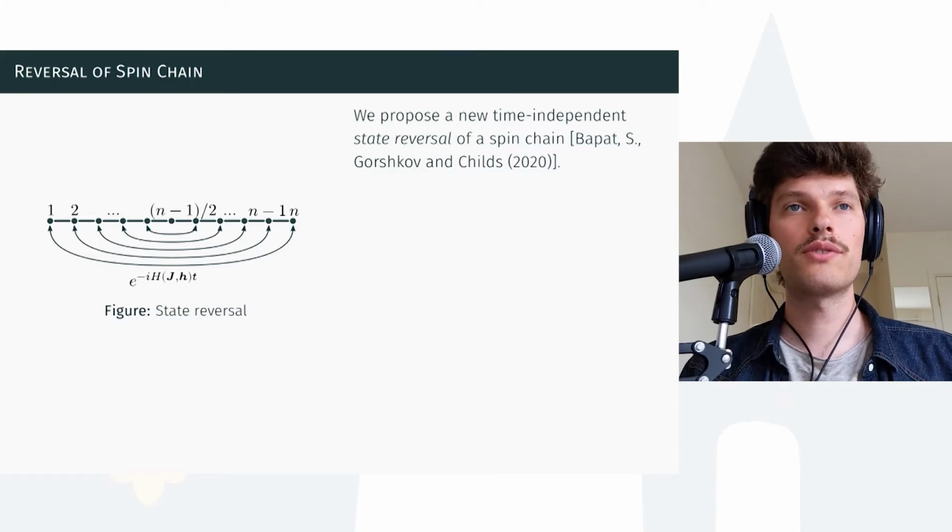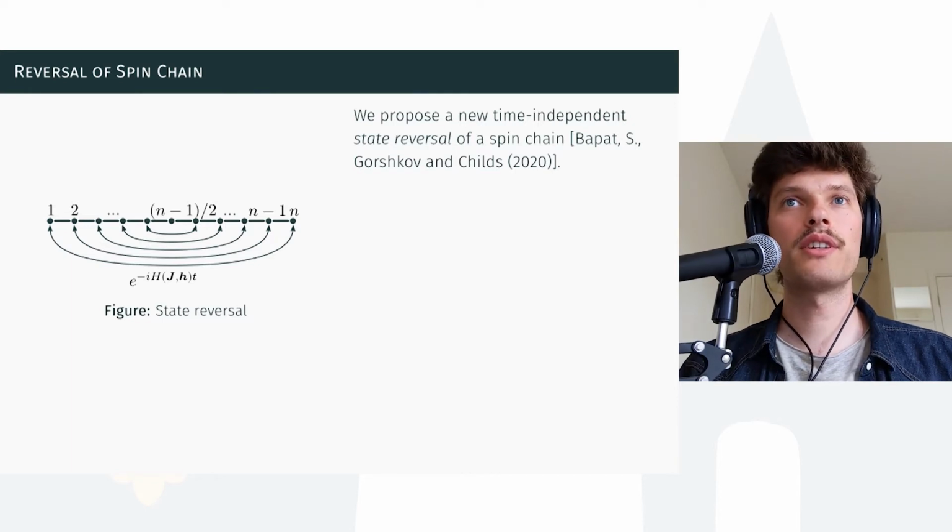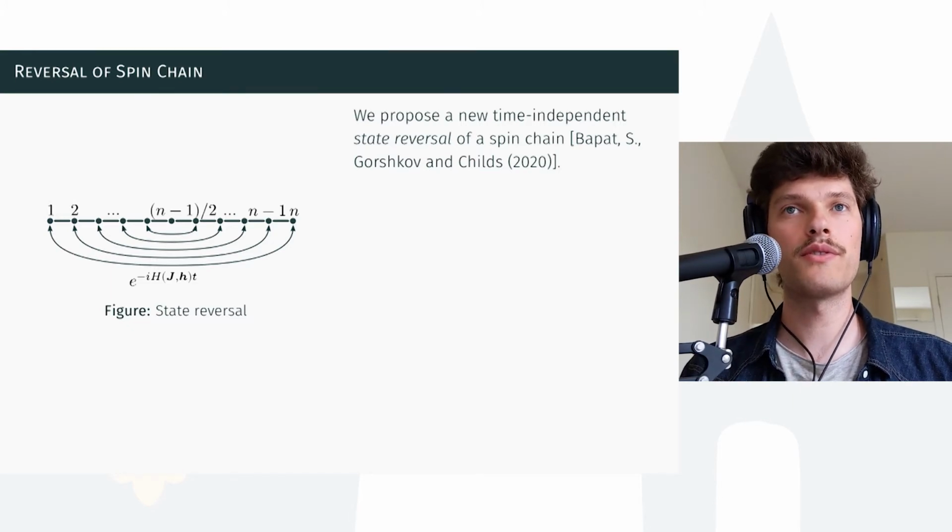State reversal is the mapping depicted on the left in the figure, where we take qubits on a chain and we map them from one end to the other. Here qubits 1 and 2 are mapped to n and n minus 1 respectively, and we continue this down the center. What we propose in our paper is a new time-independent state reversal of a spin chain.